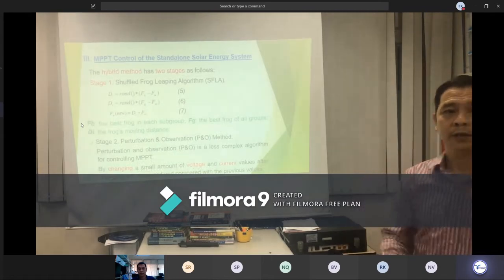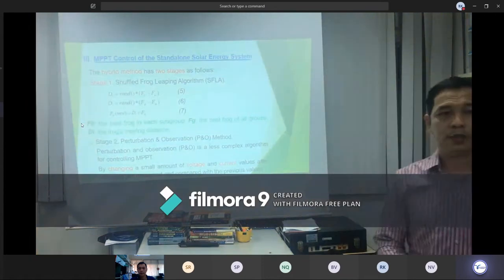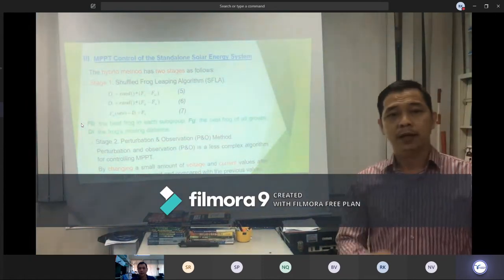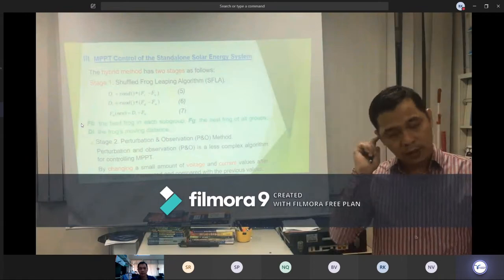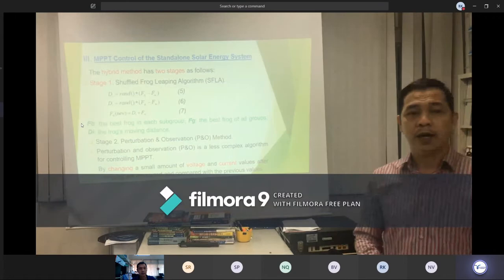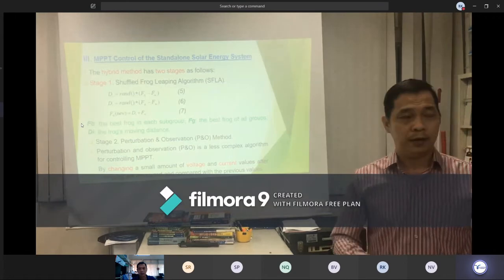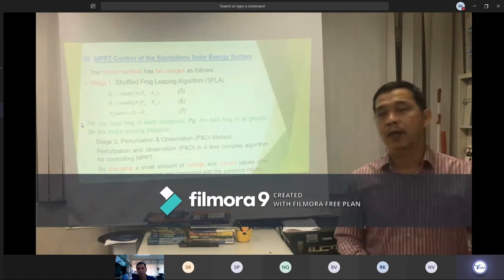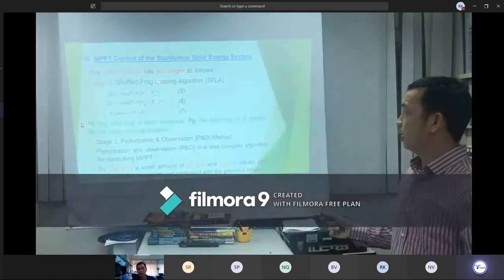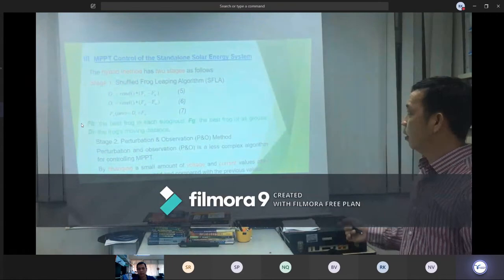The proposed hybrid method is a combination of SLA and the traditional P&O method. This hybrid method can effectively prevent the local region. The hybrid method has two stages as follows.